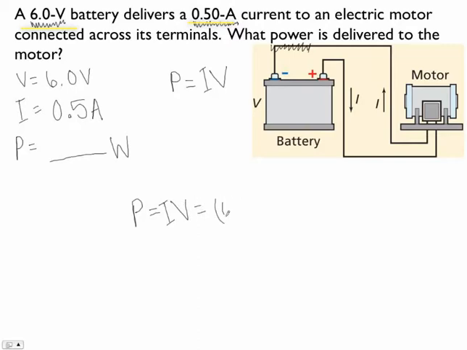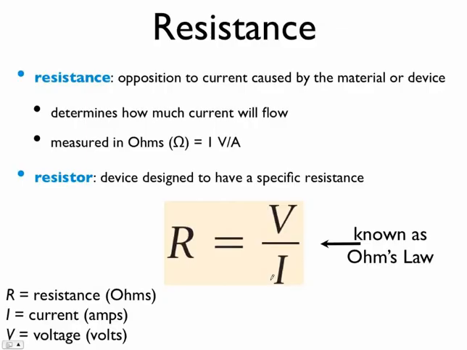We'll have our current of 0.5 amps and our volts of 6. And we'll get 0.5 times 6 is 3, so we will get 3 watts as our answer. And that's all you have to do. It's pretty simple compared to some of the things that we've done in the past.